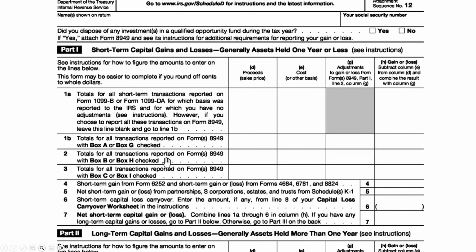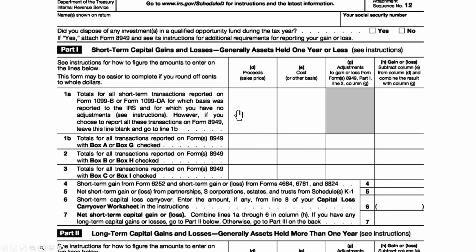It is possible in some instances to skip the 8949 and just report all of the amounts on Schedule D. I'm not going to go into detail on that right here. That's why you want to get these forms and read through the instructions so you can see when you need to do that. But just be aware when you're actually preparing returns that it is possible sometimes to skip the step with the 8949.